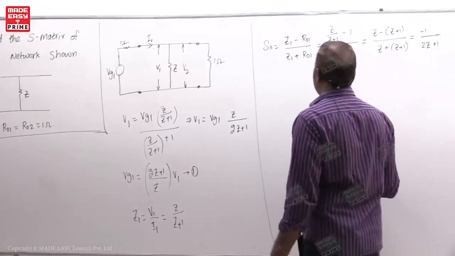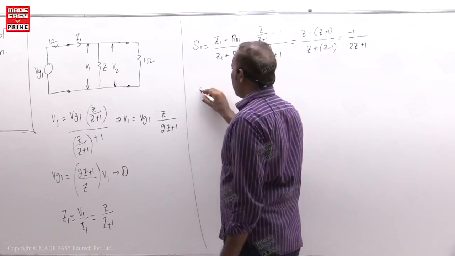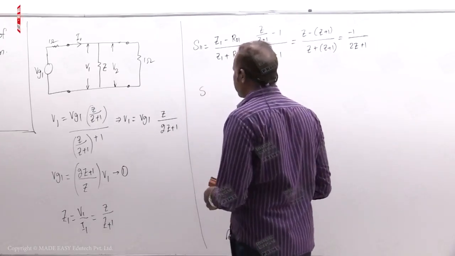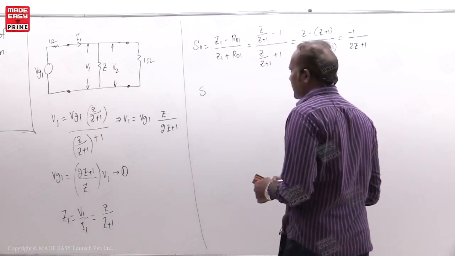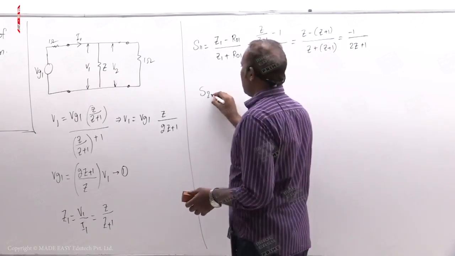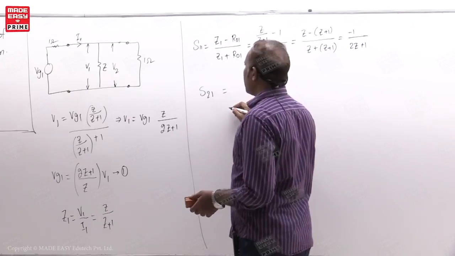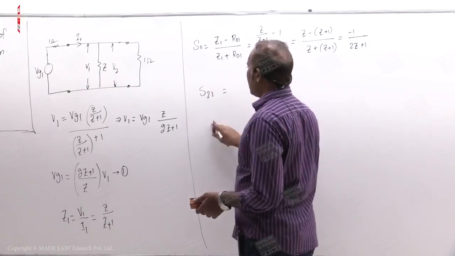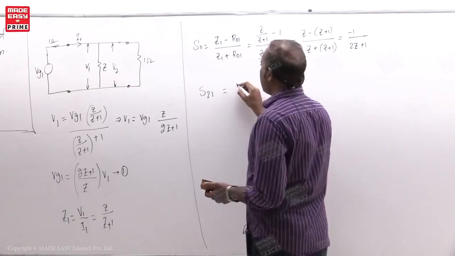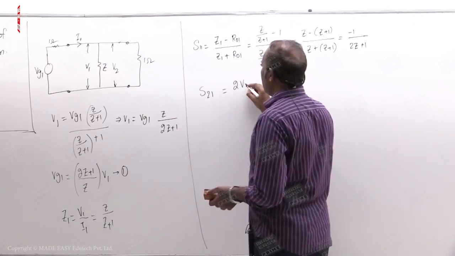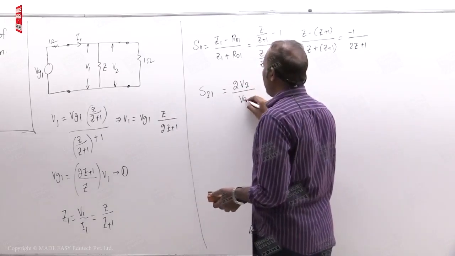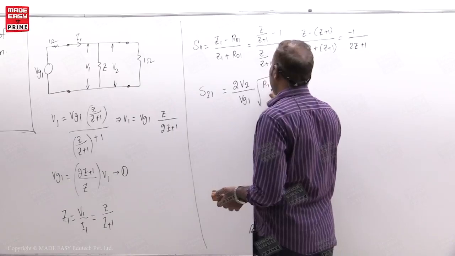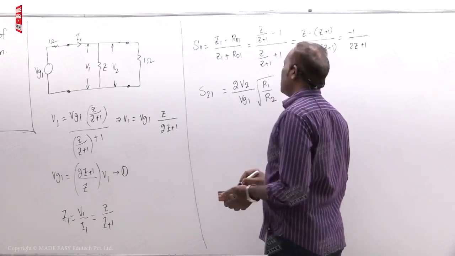Okay. Next definition is S21. S21 definition directly I am writing, students, I am not writing anything here. So that is 2 times V2 divided by Vg1 root of R1 by R2.